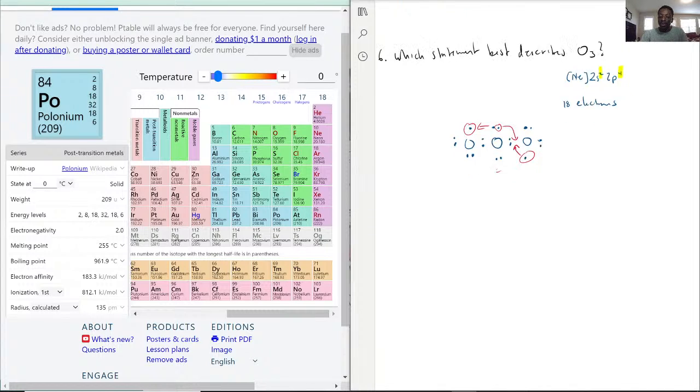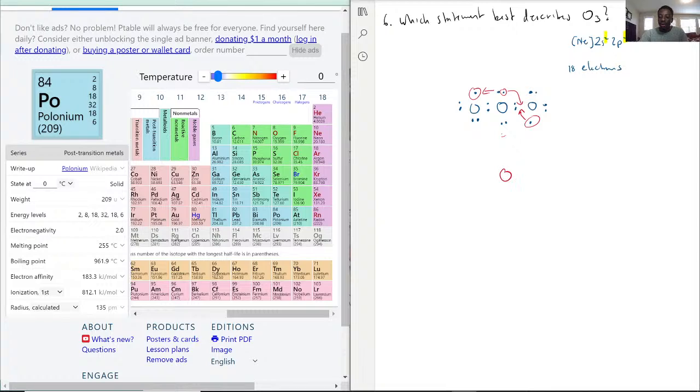So with that being said, if we redrew this, we'd have O, and this is what we get.